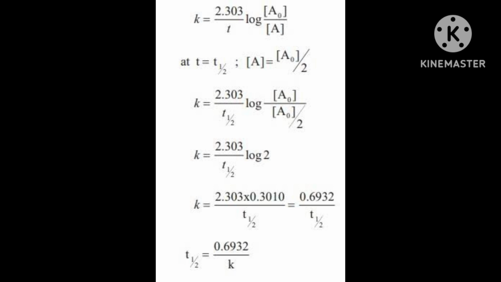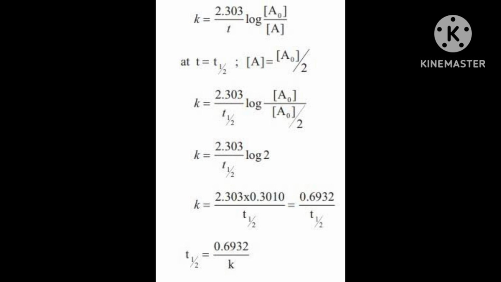Now I have discussed numericals. Now I am going to discuss pseudo first order reaction. Pseudo, PSEUDO, P is silent here. Pseudo first order reaction.